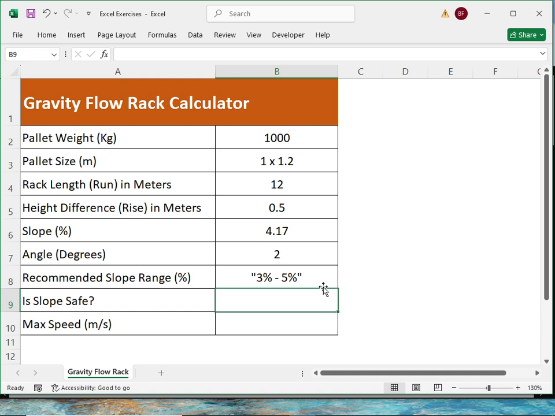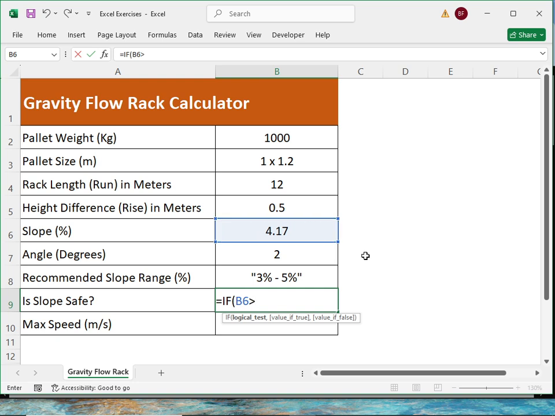So to check whether the slope is safe, I'm going to use an IF. I'm going to get the slope, which is B6.